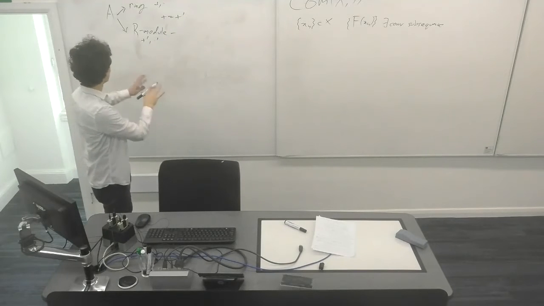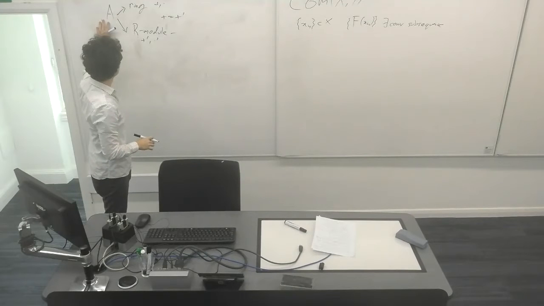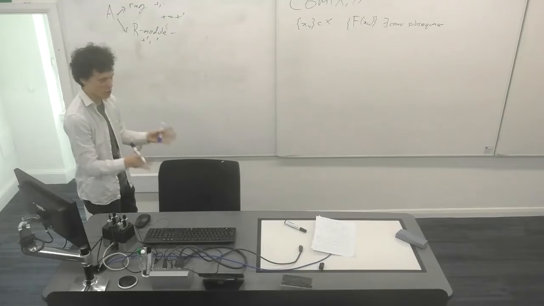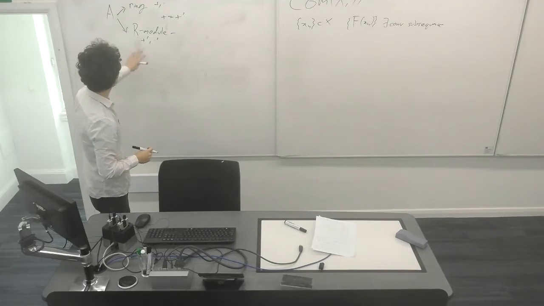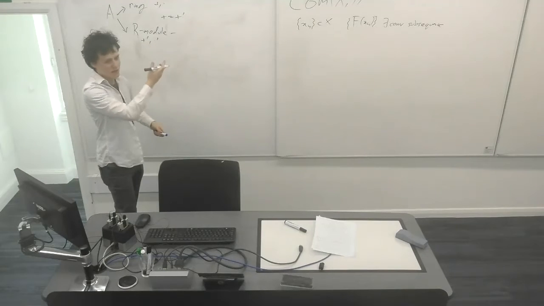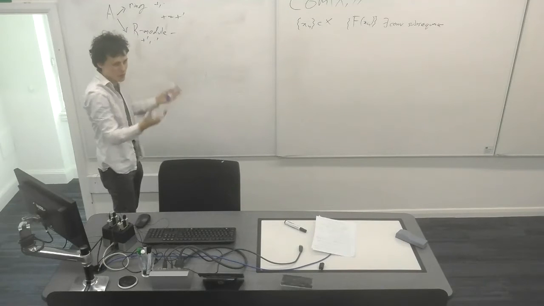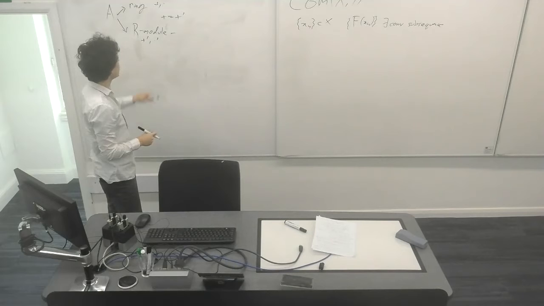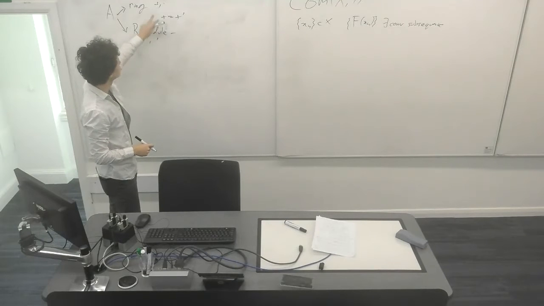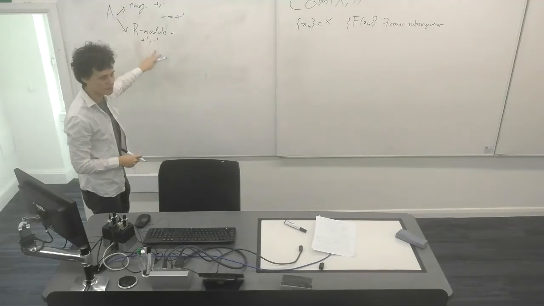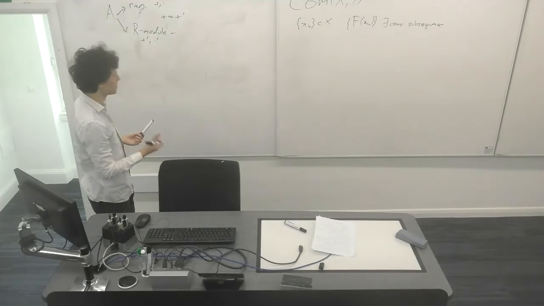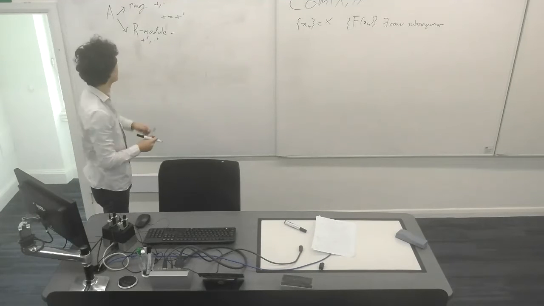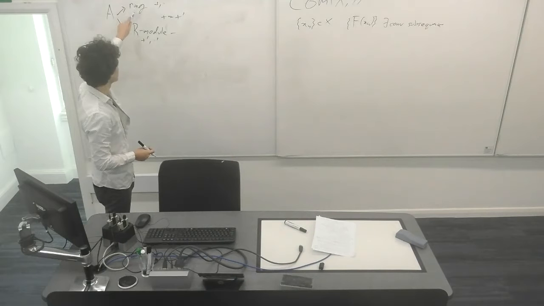So you add things together, and it behaves like it should. When you multiply by a constant, you still want it to be in A, because a module is closed under scalar multiplication. And scalars have to be in the ring.